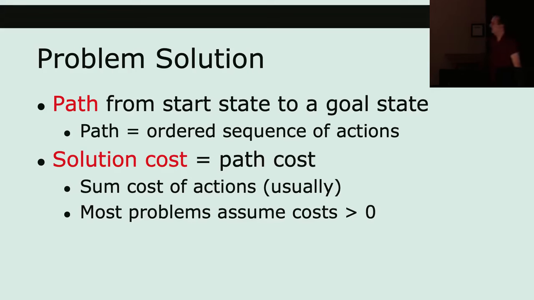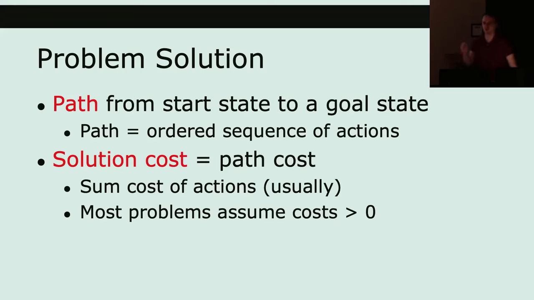The solution cost, and cost is typically a word we associate with bigger meaning worse, right? Cost is something we have to pay, therefore we typically try to minimize cost. And so that is the sum of the cost of the actions, typically, in this course. And most problems are going to assume that the costs are all greater than 0. Why? Well, mostly for our sanity.